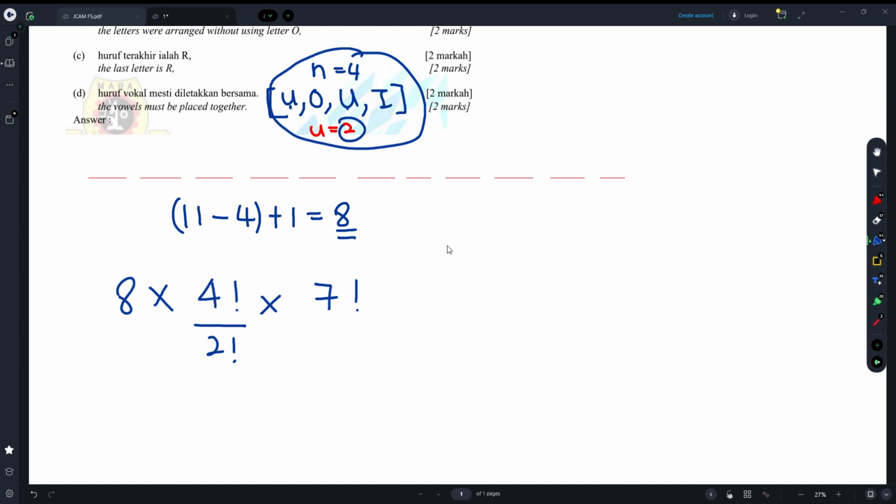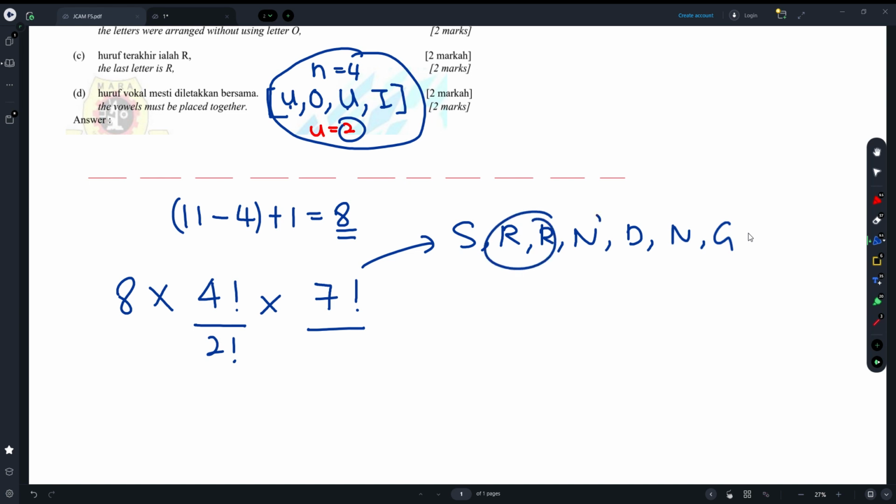And remember, among the balance 7 letters, S, R, R, N, D, N again, and then G, this is without the vowels. Even without the vowels, we still have 2 letters repeating. So you have to do 2 factorial over 2 factorial. Do not miss out this one, otherwise you'll end up in trouble.